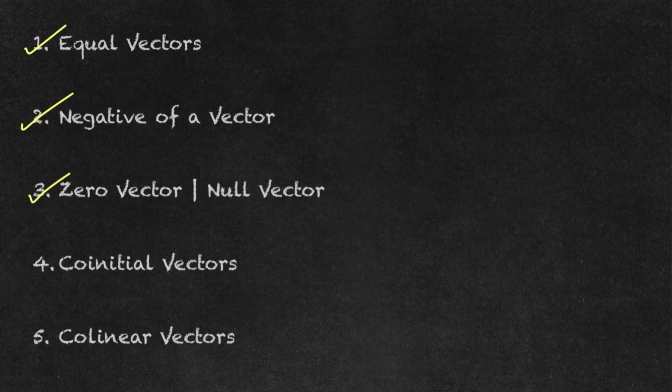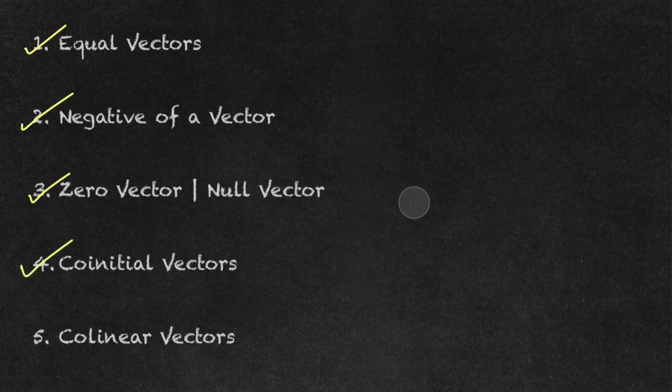Any two vectors or more than two vectors which has the same initial point, then those vectors are called co-initial vectors. For example, suppose there are vector A, vector B and vector C. These all three vectors has the same initial point. So that's why these vector A, B and C are called co-initial vectors.